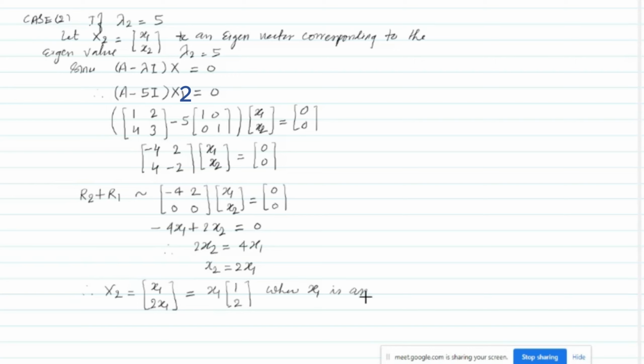Here x1 is arbitrary. For different values of x1 you will get different eigenvectors.